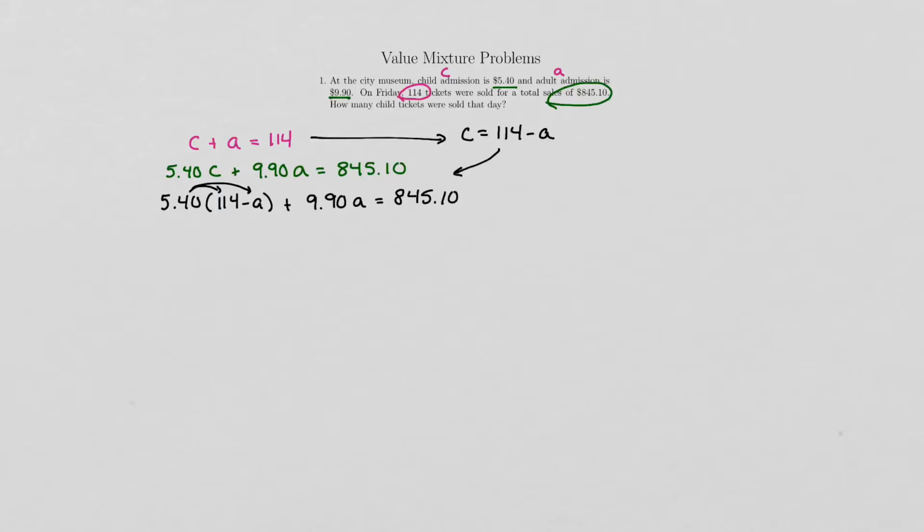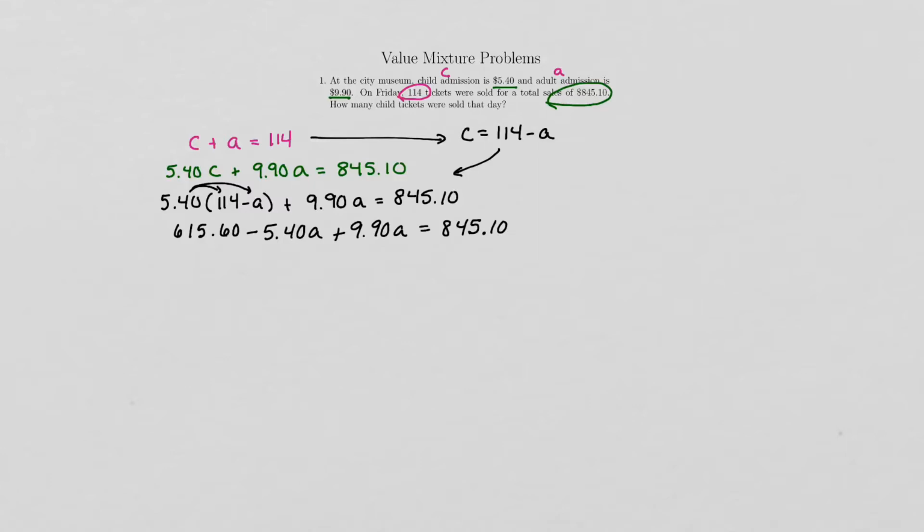I'm going to distribute the 5.40. So $5.40 times 114 would be $615.60, minus 5.40A plus 9.90A equals 845.10.